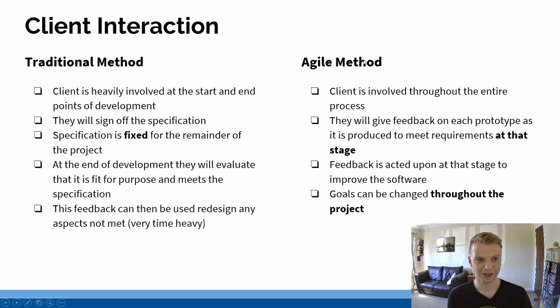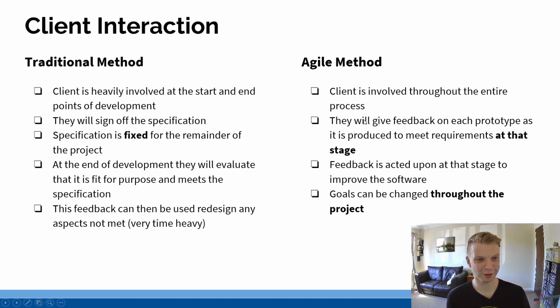Agile methodology aims to have the client involved throughout the whole process, and because if they make a weekly prototype or whatever, monthly prototype, the client can see those prototypes, and then they can give feedback. So, like, could you imagine if you made a game and you spent a whole year making it, and then the client's just like, nah, don't like it.